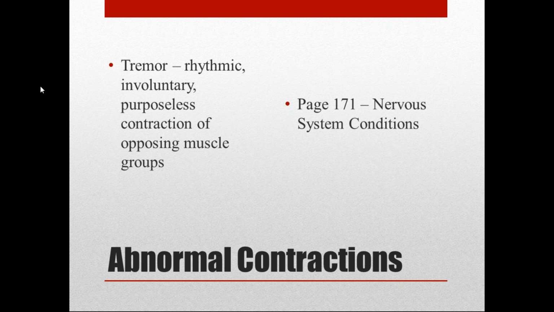We have talked about how when the agonist contracts, the antagonist must let go to allow the movement to occur. That coordination occurs up in your central nervous system to make sure that we have all this smooth, coordinated movement. When you end up with a tremor, something in your brain isn't working right anymore. So you end up with a rhythmic, involuntary, purposeless contraction of opposing muscle groups. Basically agonist and antagonist are fighting over who gets to contract, and you just end up with a tremor in the middle.